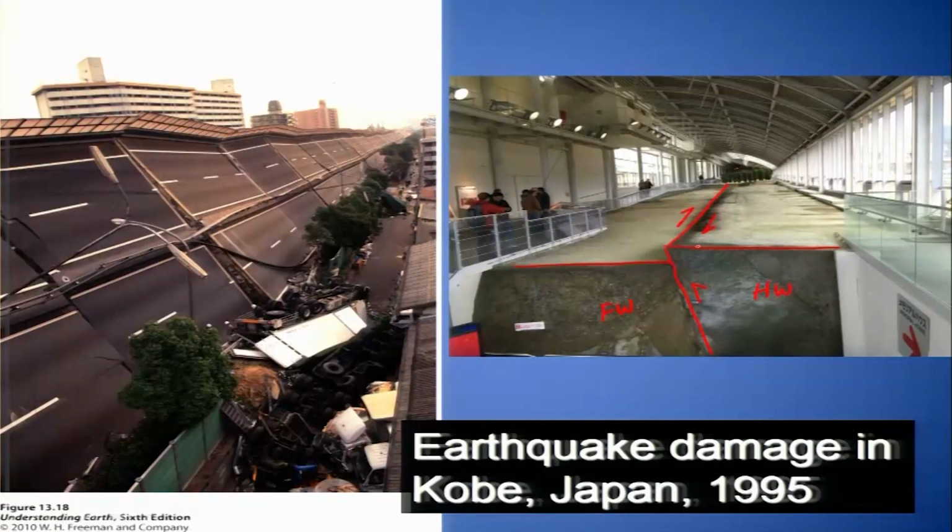Here we don't see that right lateral movement, but maybe later I can show you some photographs which show the clear-cut right lateral displacement. So this is how you will see the fault scarp on the surface and the displacement during a major earthquake. The 1995 Kobe earthquake was one of the major earthquakes in Japan.